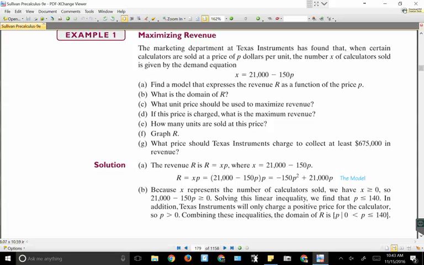Well, what should we look for? What is that formula giving to us? What kind of an equation is this?